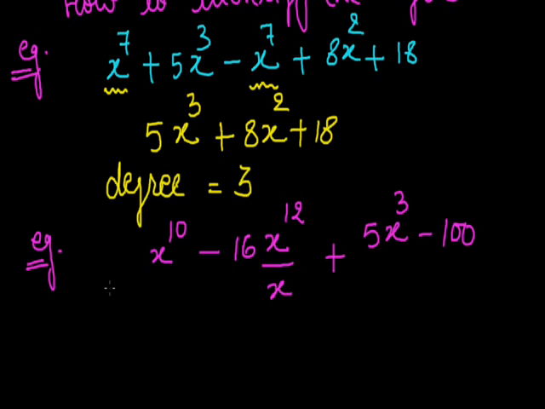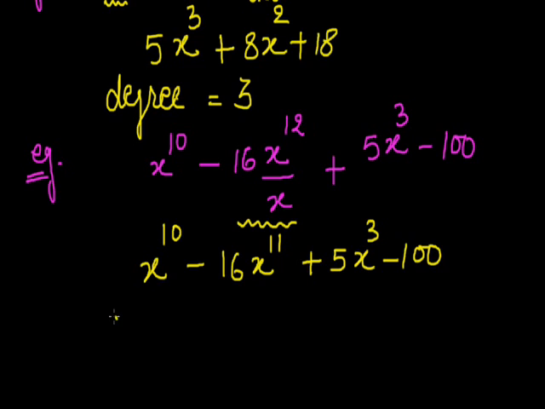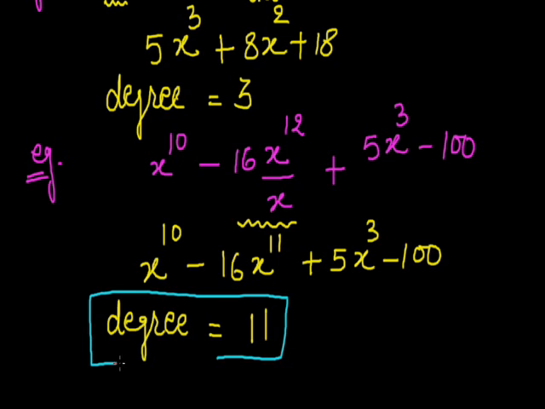If we try to simplify, then the second term is written as x raised to 11 because power 12 is cancelled with the power 1 of the denominator, and so the resultant degree is 11 because the highest term is x raised to 11.